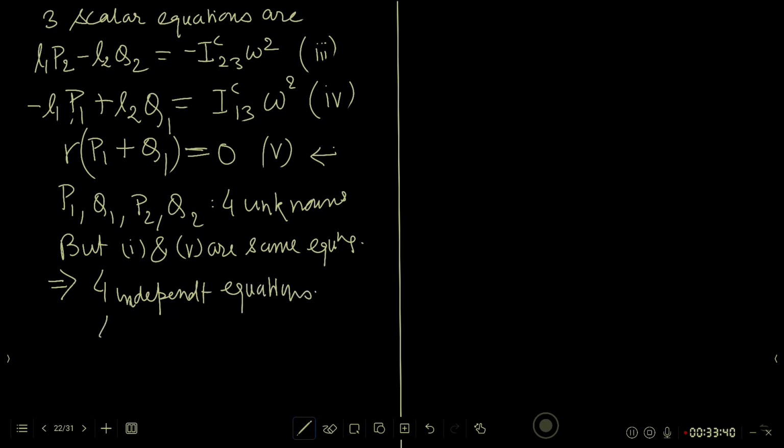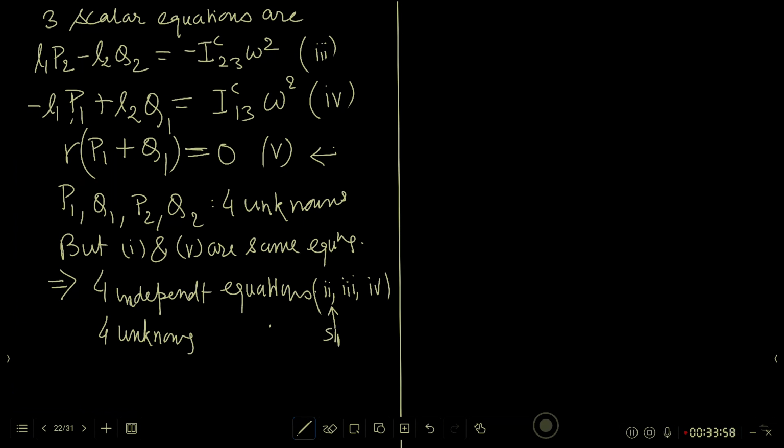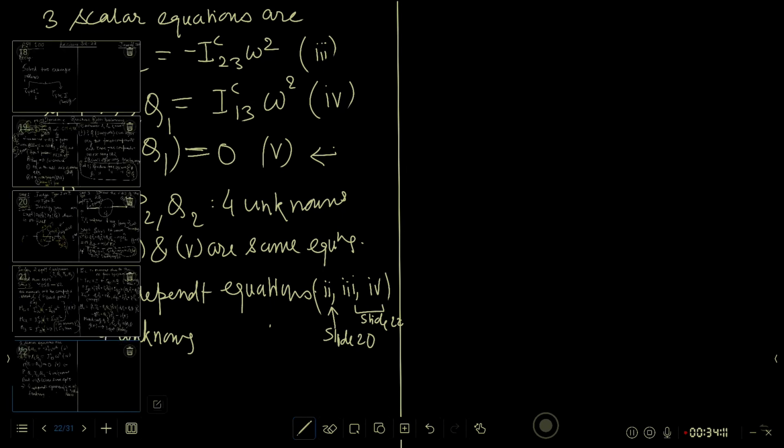Four unknowns. Independent equations are number 2, number 3 and number 4. Number 2 is coming from slide number 20. And this is of course from slide number 22, the current slide. We can solve them, which I can call as my next step 6. Step 6.